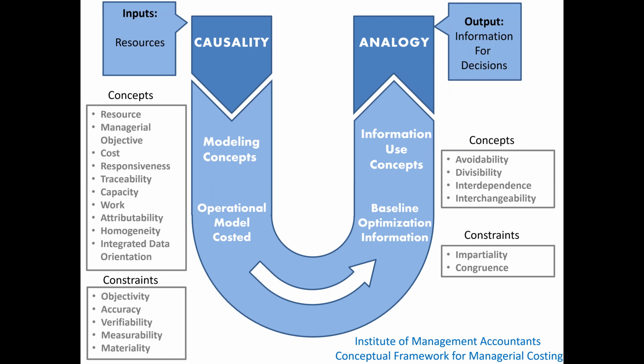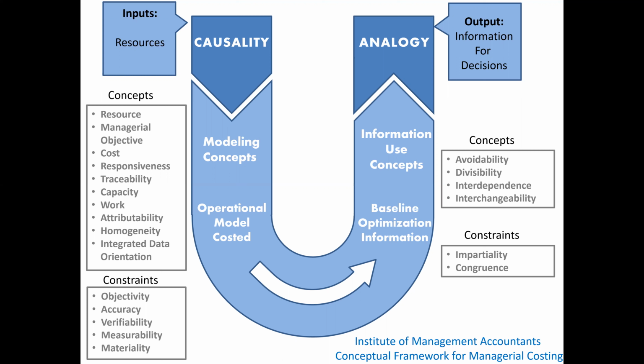In support of the two principles, causality and analogy, RCA has techniques to apply the supporting concepts. These concepts come from the conceptual framework of managerial costing. And naturally, we recognize that there are a number of constraints that will have to be considered as well. Time doesn't permit me going deeper into all of these.